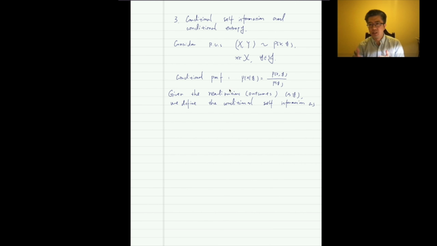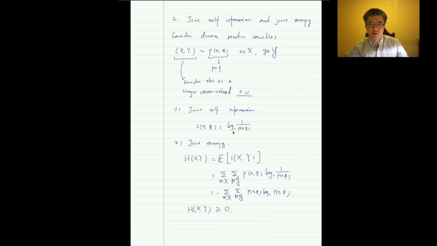We write this as I(x given y) equals log base 2 of 1 over p(x given y). You can see that is almost identical to the definition before. Before, if there was only x, we just defined this as 1 over p(x).